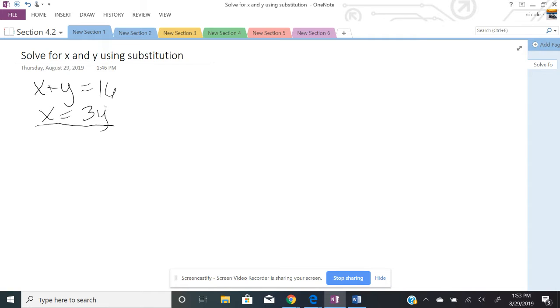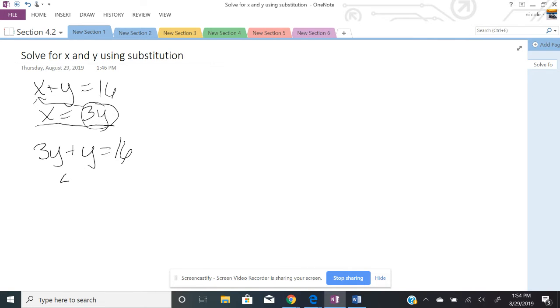So I'm going to take that 3y and plug it into this other equation wherever I see x. So I'm going to start rewriting that first equation. Instead of writing x, I'm going to write 3y, because that's what I know x is equal to, plus y is equal to 16.